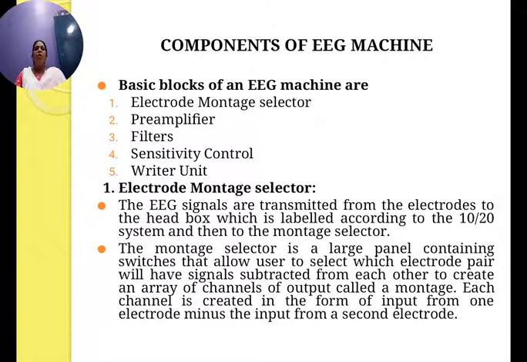The montage selector is a large panel which contains switches that allow the user to select which electrode pairs will have signals subtracted from each other to create an array of output channels called a montage. Each channel is created from the input from one electrode minus the input from a second electrode.